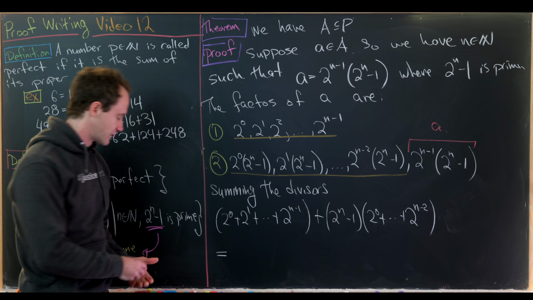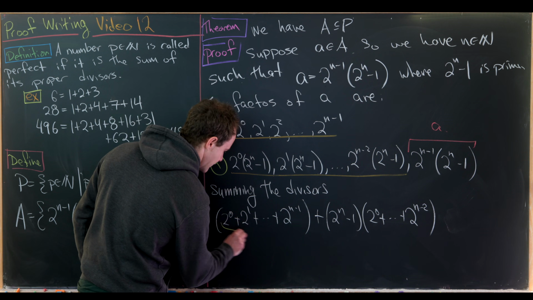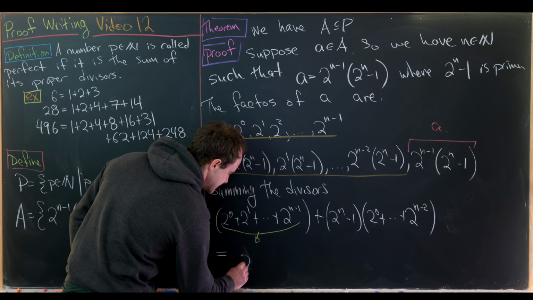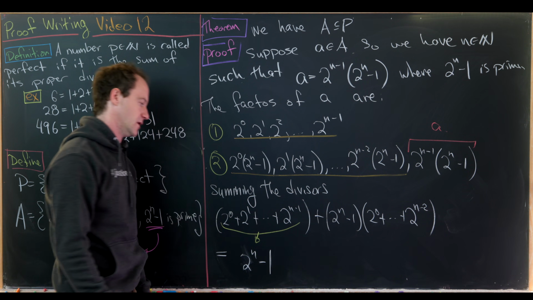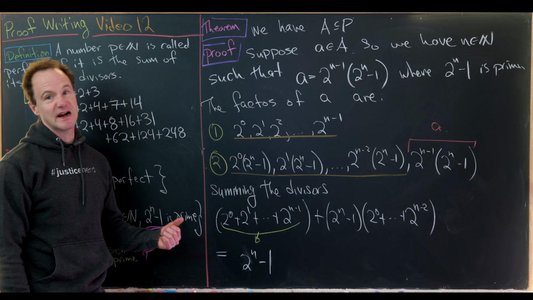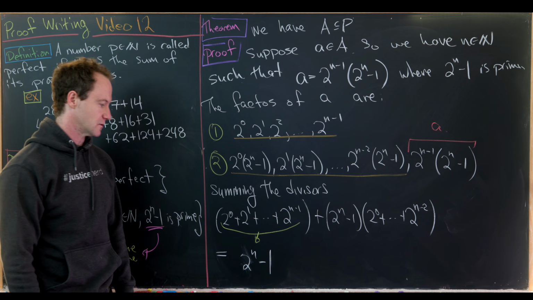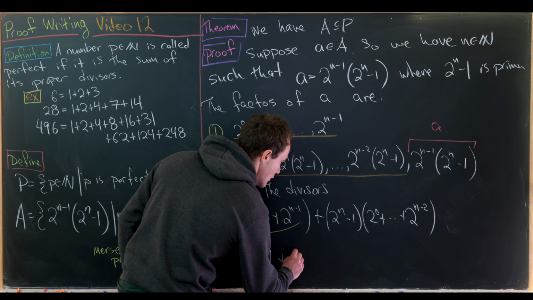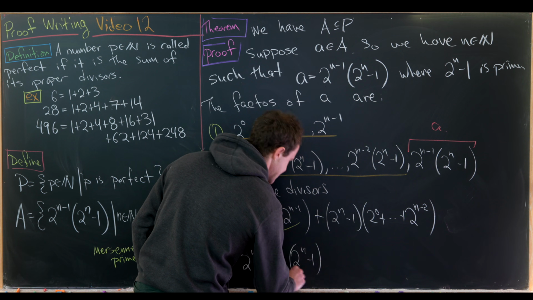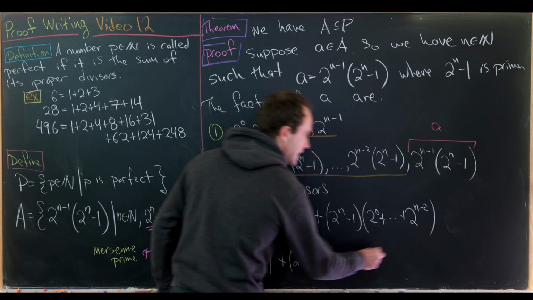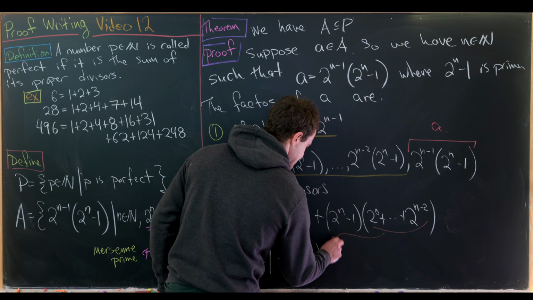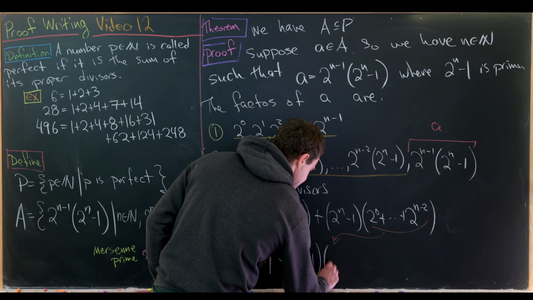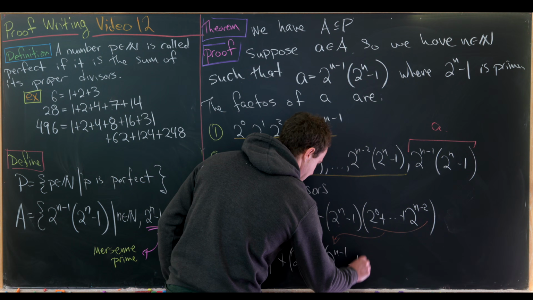So this first one right here, which I'll underline in yellow, turns into 2 to the n minus 1. Again, that's from the finite geometric series summing rule. But then we'll have a 2 to the n minus 1 that comes down here. And then we'll have this, which is coming from this brown underline, which is 2 to the n minus 1 minus 1.